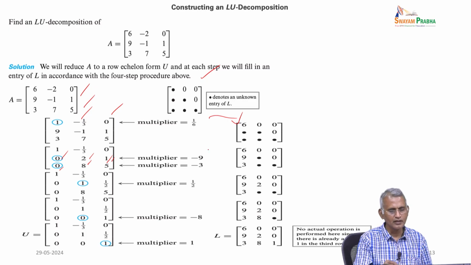So, the entries you have taken, 9 and 3, you fill in here, and then you take the next step. Here, the second row, second column entry is 2, so you divide by 2, so that it becomes 6, 6 already fixed, 9 already fixed, 3 is fixed now.